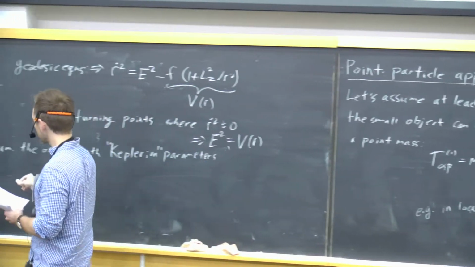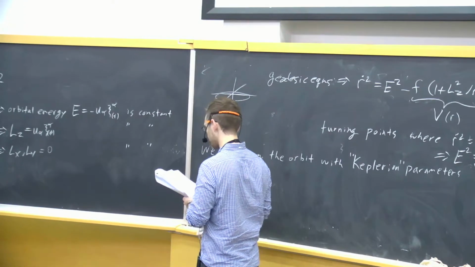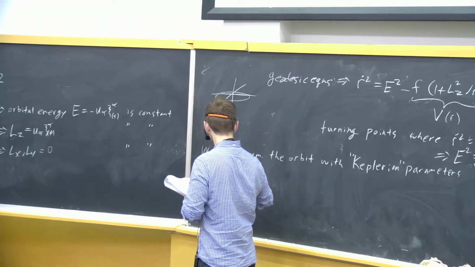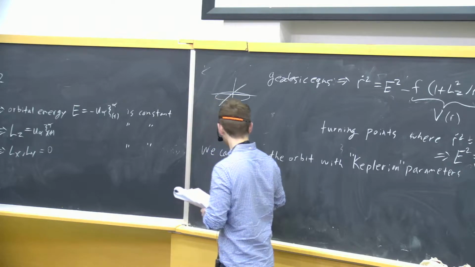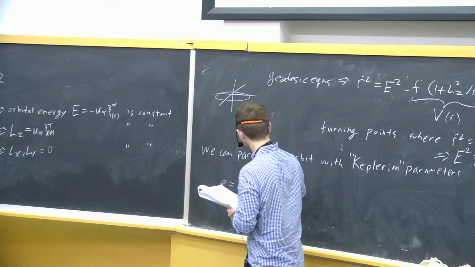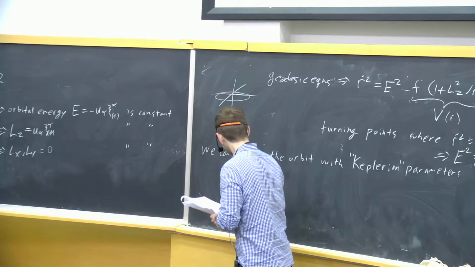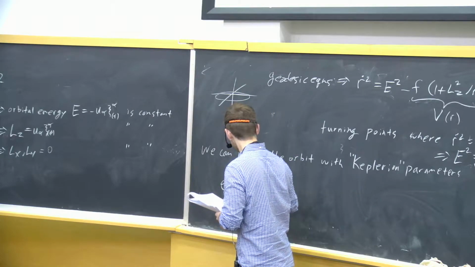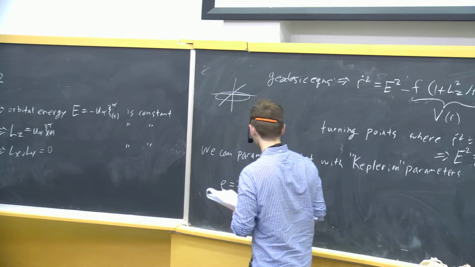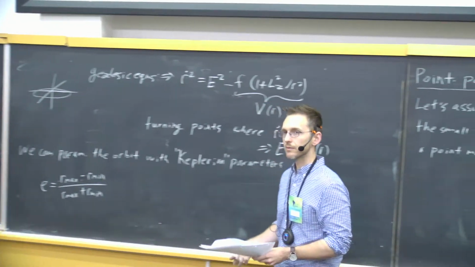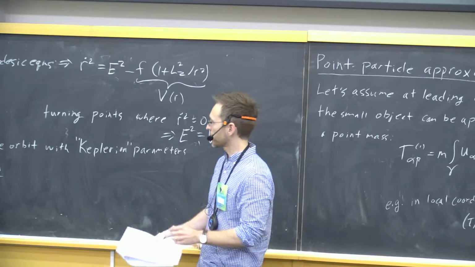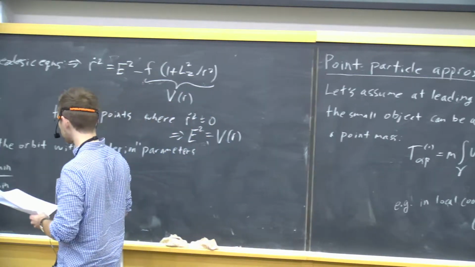The eccentricity, e, which is r max, the maximum radius of the orbit, minus r min, over r max plus r min. That's the same definition you would use for a Keplerian orbit in Newtonian physics.